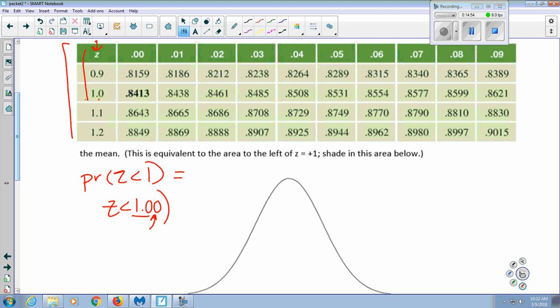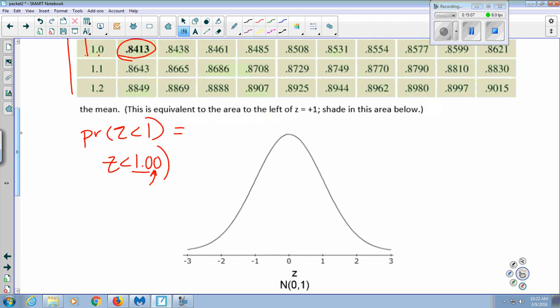And this last 0, the hundredth spot, is going to come from up here. And so we find the one we're exactly interested in, which is 84.13%. So our table says that the exact area to the left of this is 84.13%. It always gives us our areas to the left, or less than.